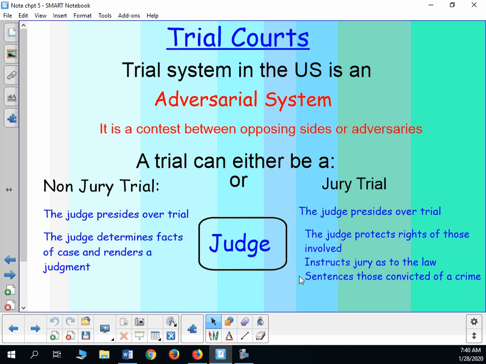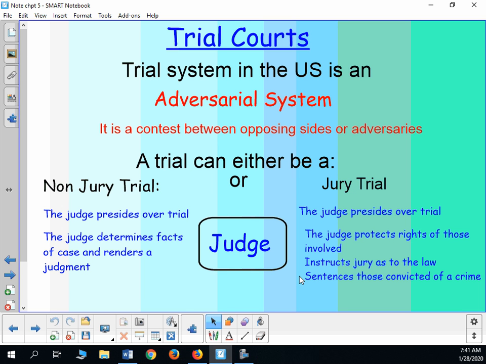So the trial system in the U.S. is called an adversarial system, which means it's basically a contest between opposing sides or adversaries. In a criminal case, it's between the government and the defendant. In a civil case, it's between two either individuals or groups, but the government is not a part of that.